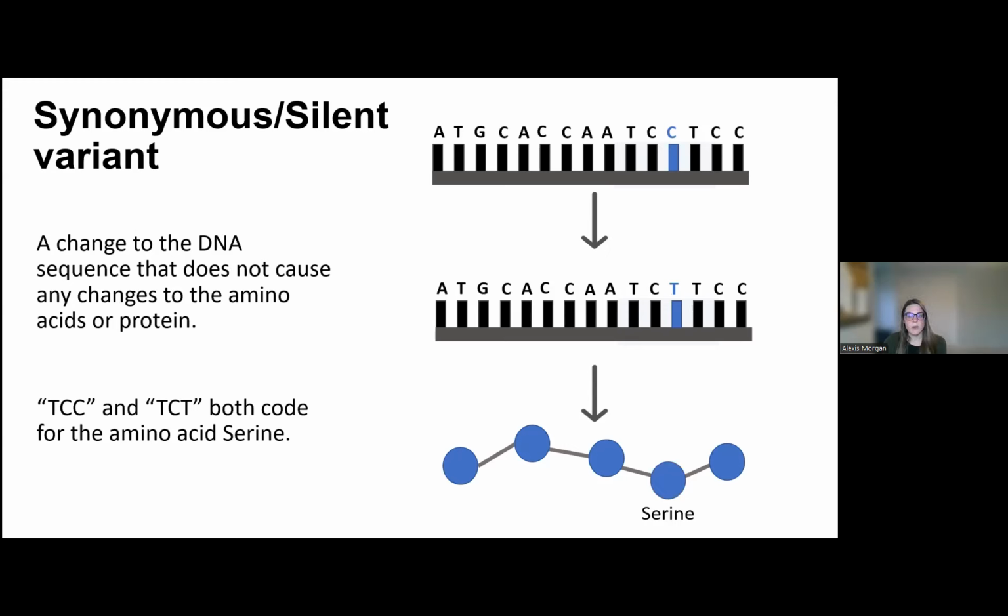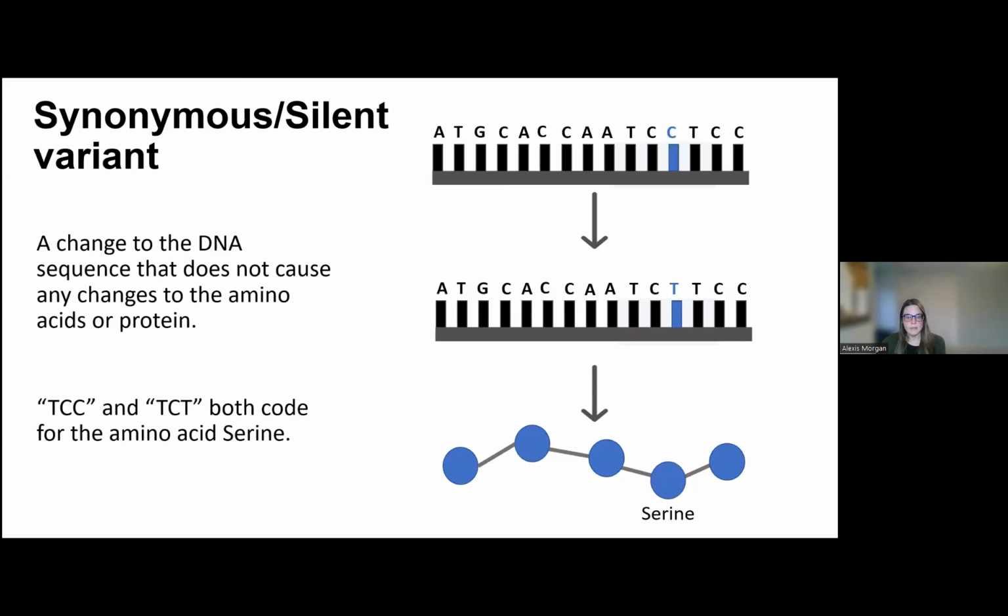Synonymous variants, also known as silent variants, are just that. The change to the DNA sequence does not cause a change to the amino acid. Therefore, it does not cause a change to the protein.